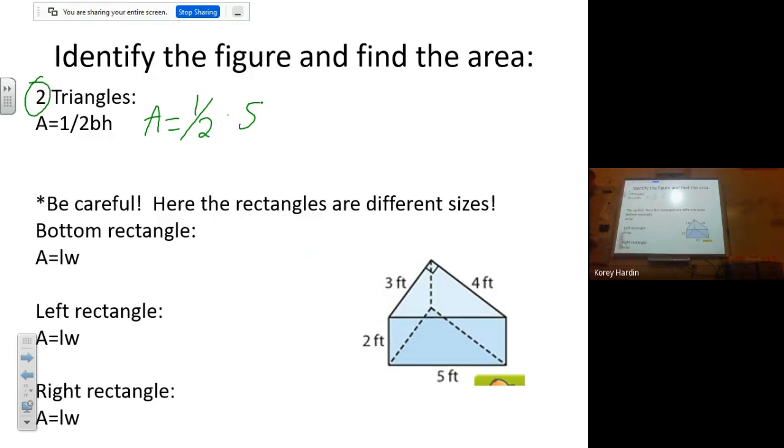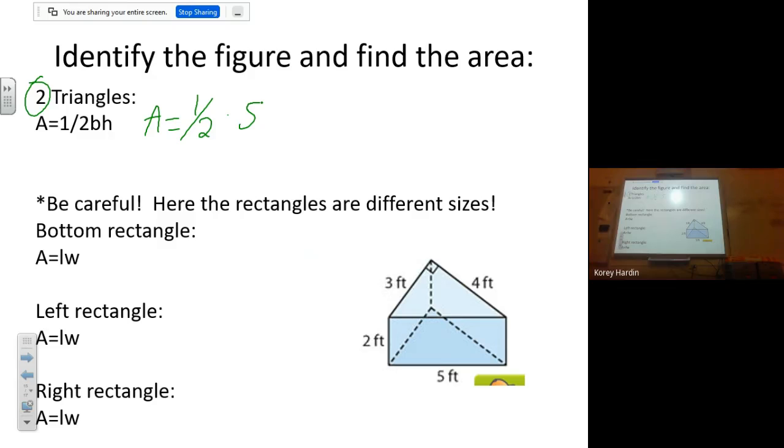what's my problem here? Okay. My height for this is going, let me check my notes here.